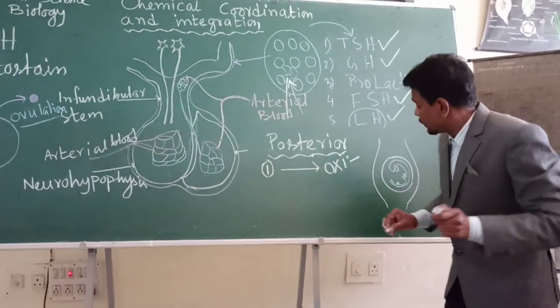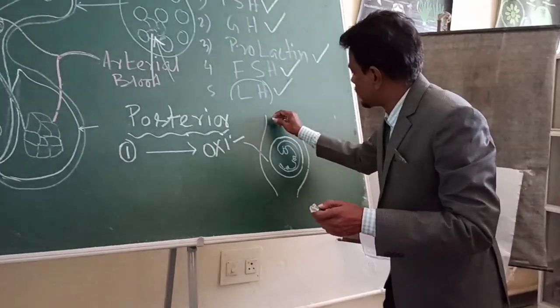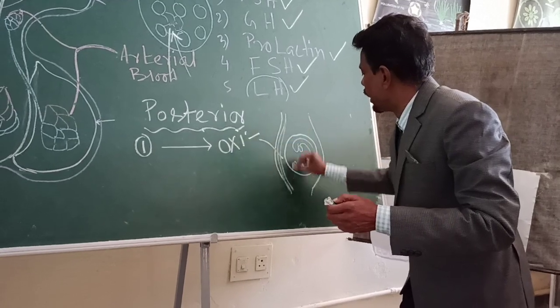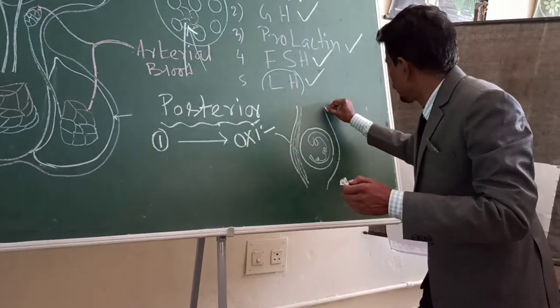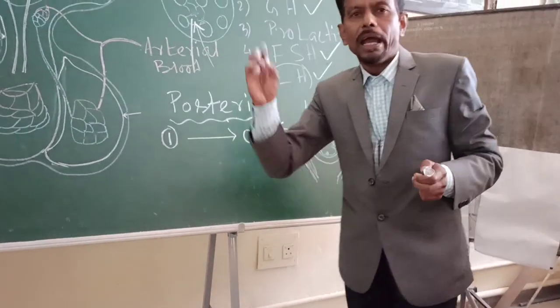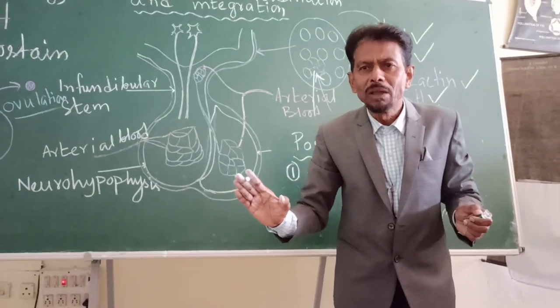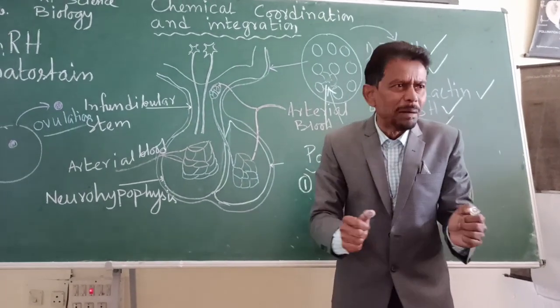Oxytocin hormone. The inner wall of the uterus has 3 layers: endometrium, the inner layer; myometrium, the middle layer; and perimetrium, the outer layer. The myometrium is highly muscular.